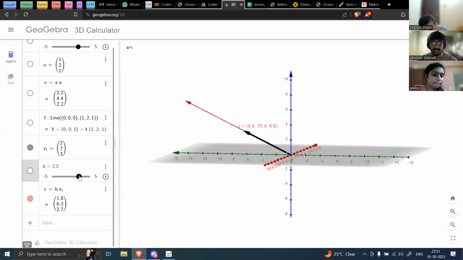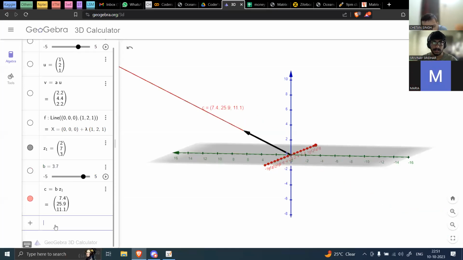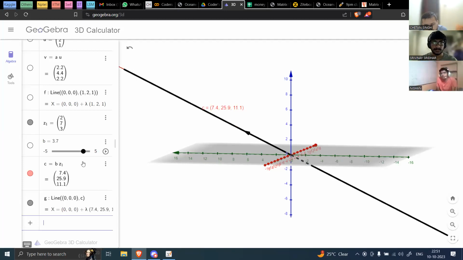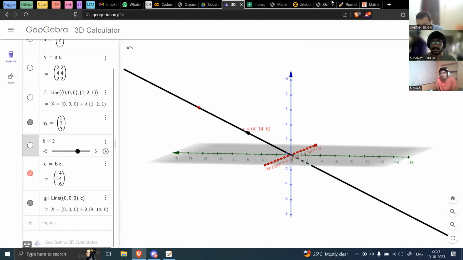Again, this is the same thing as before. We can see that it has a line. Maybe I'll plot the line as well. This is a similar line. Awesome. Okay, we understood that.